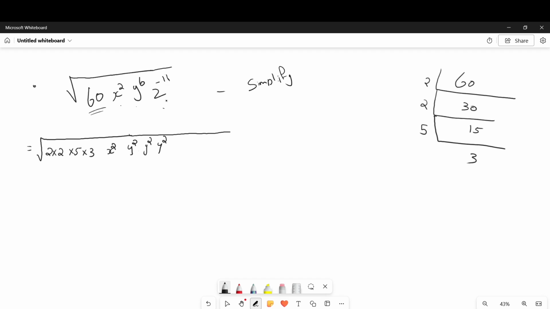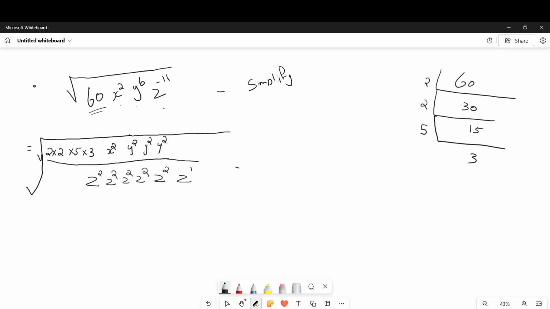It's a negative exponent, which means it will go down to the denominator side. So z raised to 11 we can split into z squared, z squared, z squared, z squared, z squared: 2, 4, 6, 8, 10. Then 1 left is z raised to 1. So this is how we can write this radical expression.